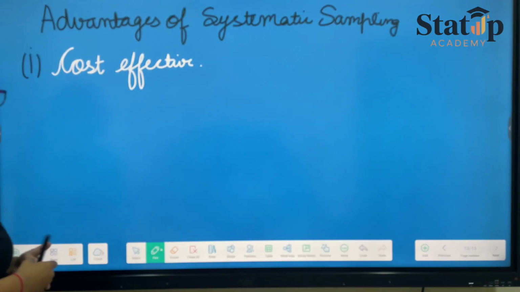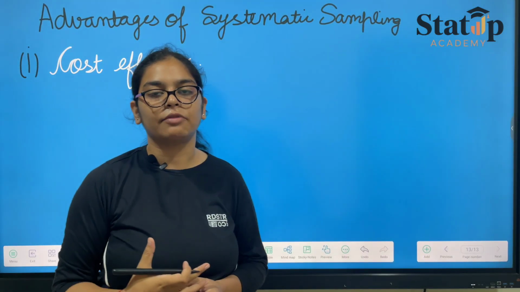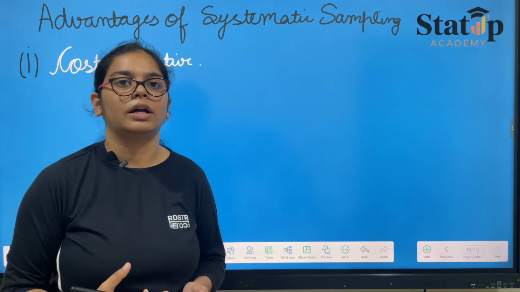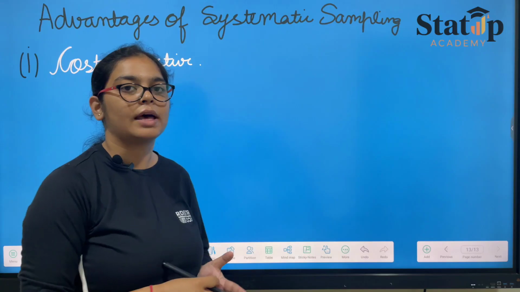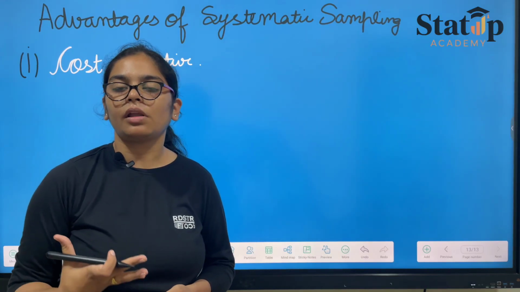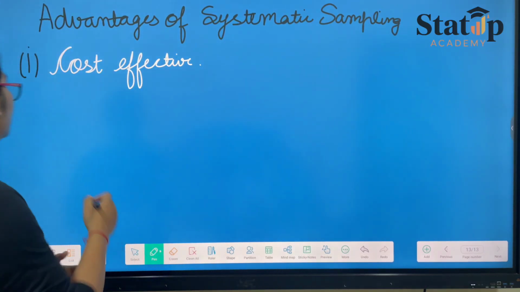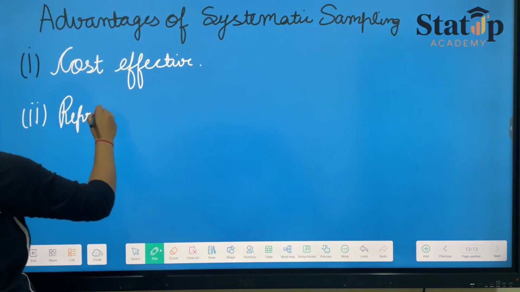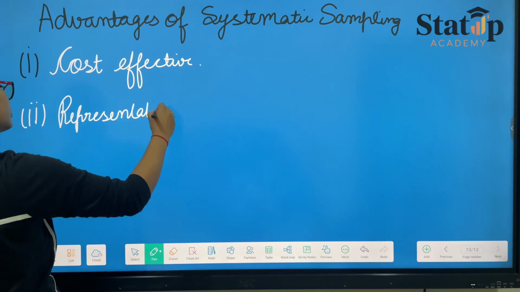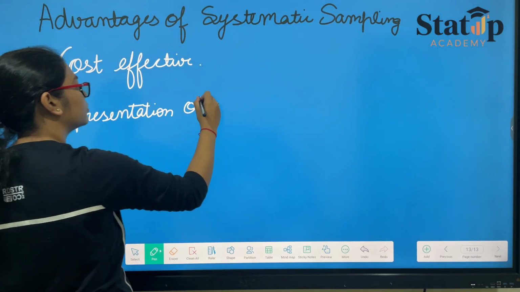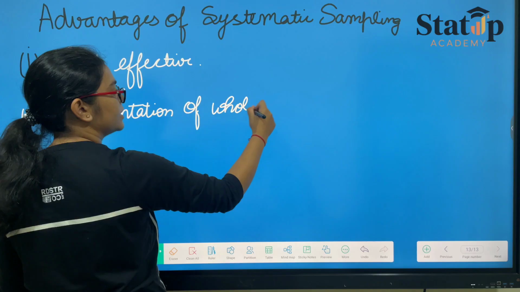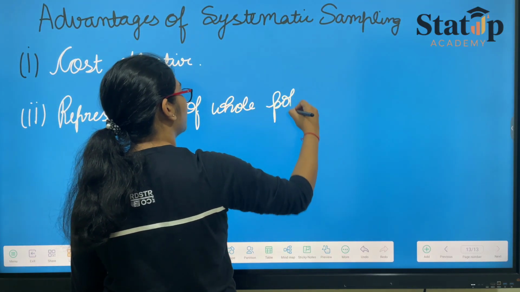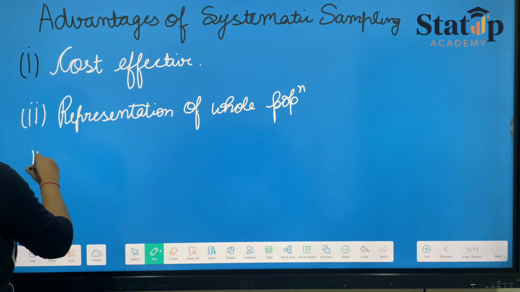In simple random sampling, we have to choose randomly from a large population. Here, there is a system from which we choose our sample, and we have to choose a limited sample, so that our cost is very less. The second one is representation of the whole population. It may be biased, but it at least takes into consideration the whole population for taking out the sample.